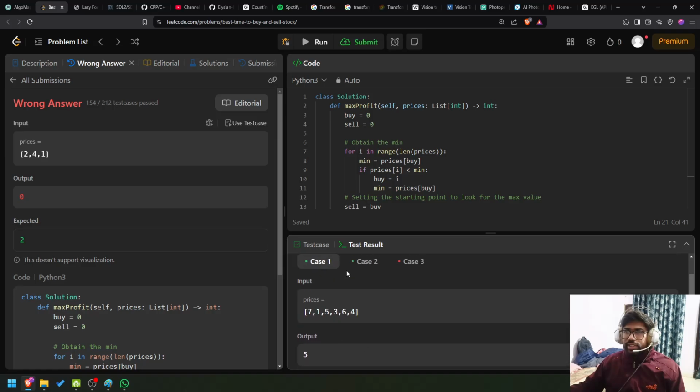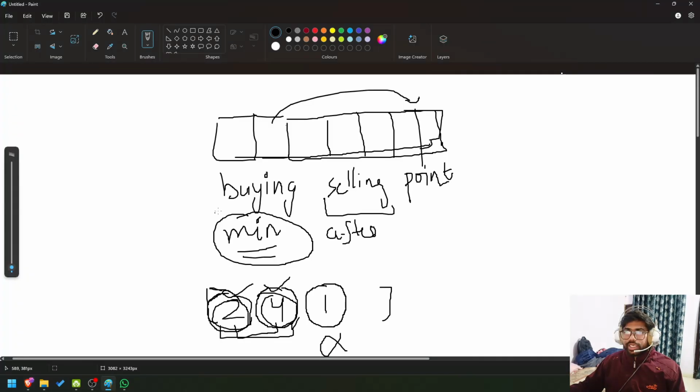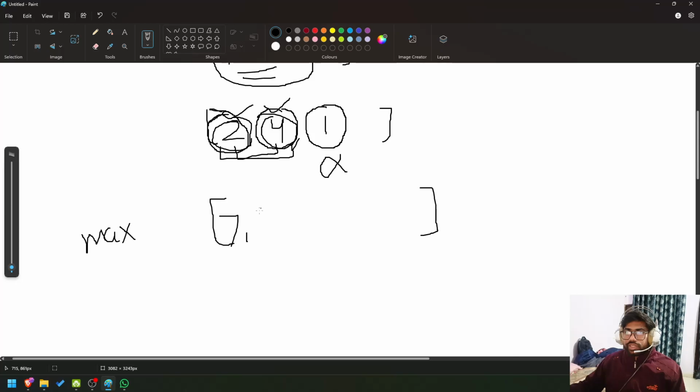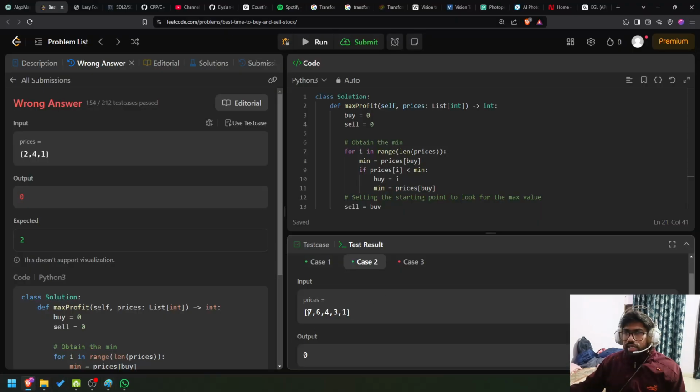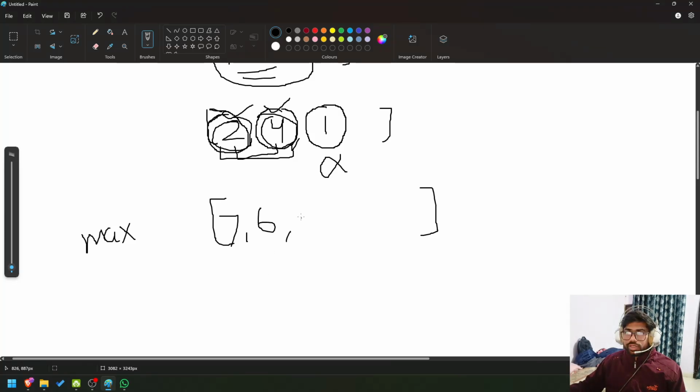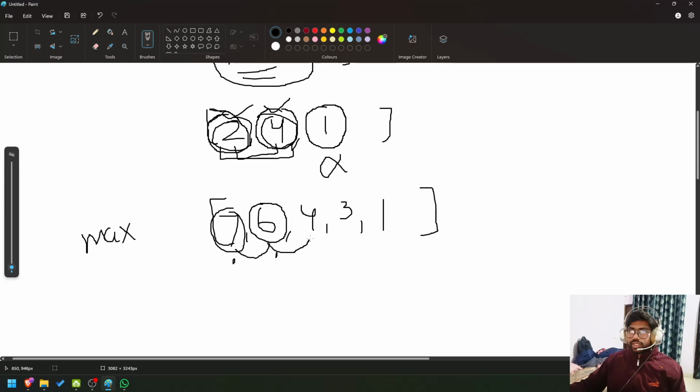I have this right. 4 3 1. I check, can I use these two? No, because this is clearly greater than this. Then we move one place and then I go here.